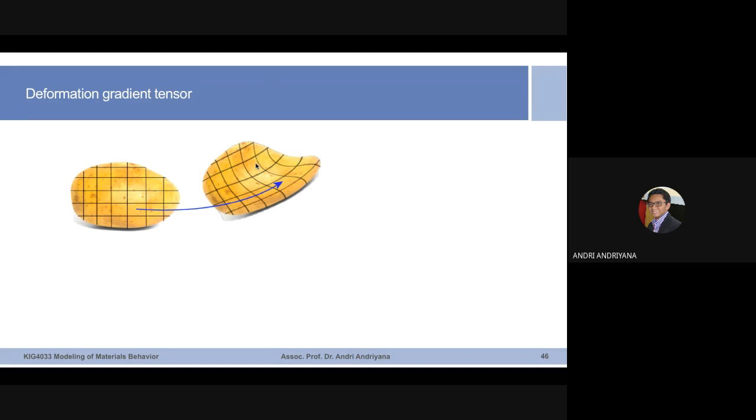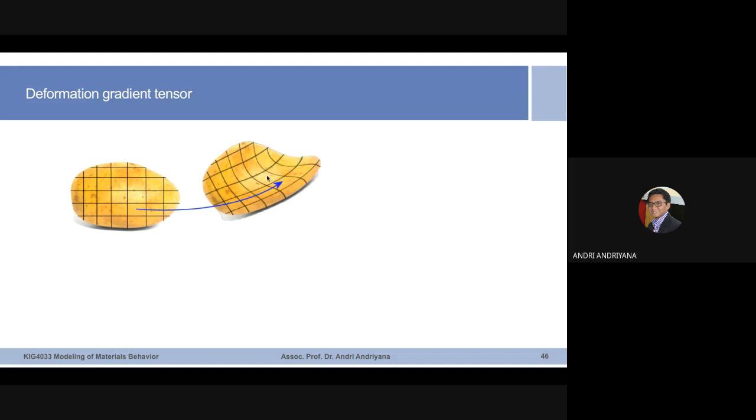Since I want to understand the deformation of this material, before I deform it, I draw vertical lines and also horizontal lines in the potato. Then, when the potato is deformed, I can trace how each individual line becomes after deformation. This is the illustration of how the lines become after deformation.